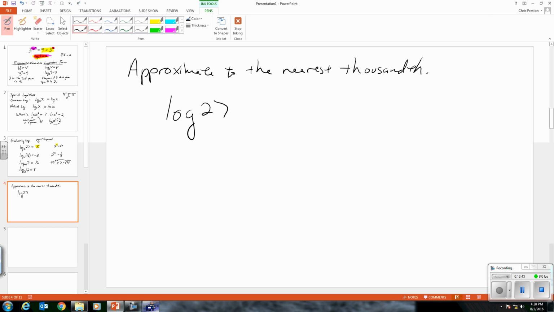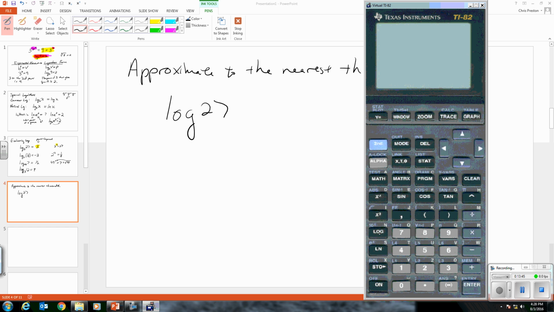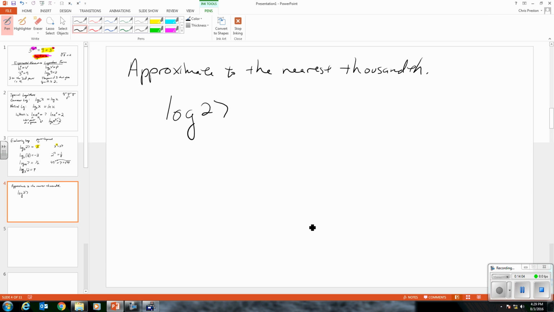Well, that I can probably do in a calculator, because my calculators usually have a log button, and log, that's base 10, so log of 27 is 1.431, approximately, right?